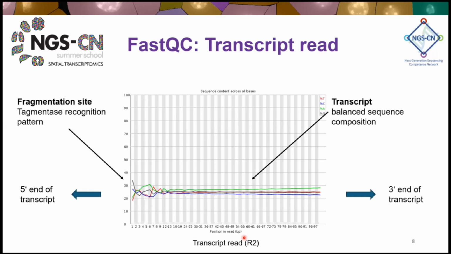And therefore, we fragment the construct, and we use an enzyme called integumentase for this. Theoretically, this enzyme should cut completely unbiased. However, we often see that the integumentase has a certain sequence bias or preferred sequence distribution where it cuts. And that's why you see this strange pattern here.